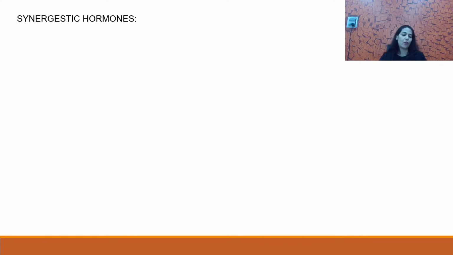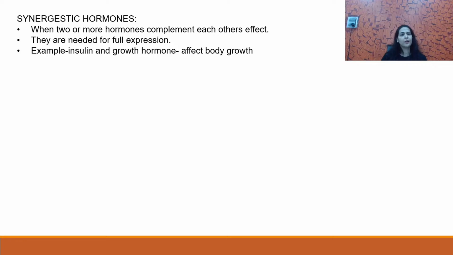The synergistic hormones. Now, children, the name synergistic NCERT has not used, but everything related to synergistic hormones they have mentioned. So what are synergistic hormones? Synergistic is when 2 or more hormones complement each other's function.